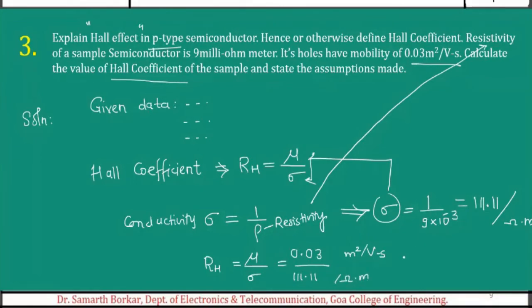So the answer we get is 7 into 10 to the power minus 4 meter cube per coulomb. Fine. So it is a simple problem. The only thing is you have to understand the concept and relate the equation to the problem statement.